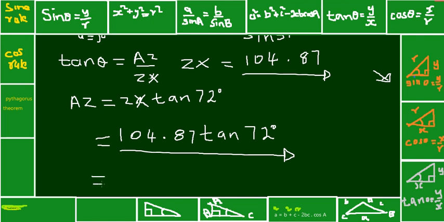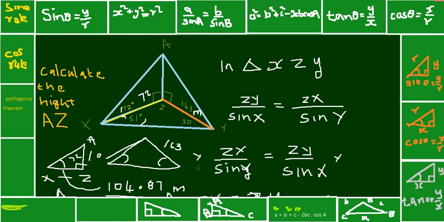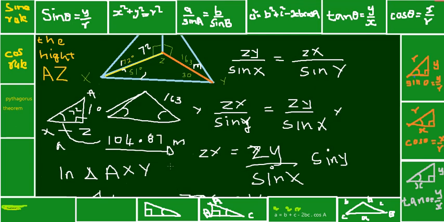Solving for this, you'll find that AZ is 322.7 meters. This is how you solve these problems.